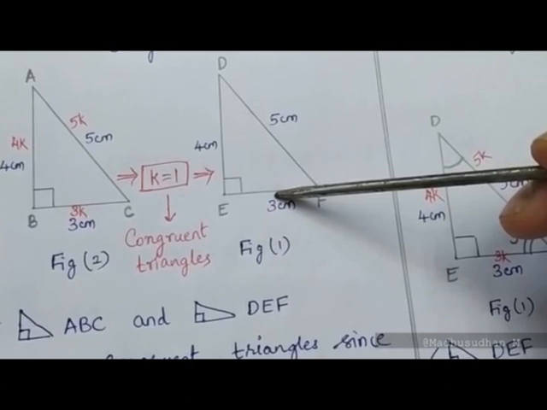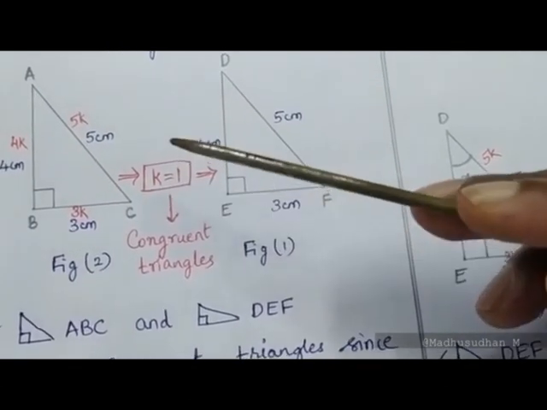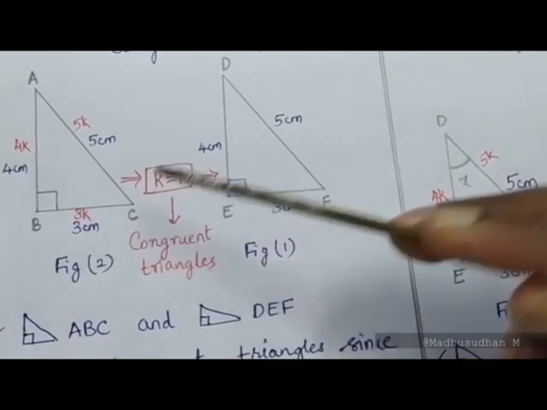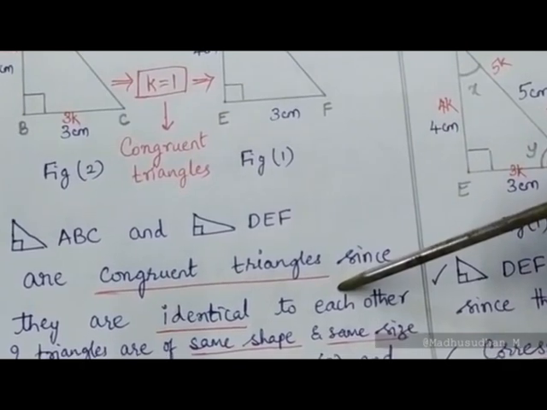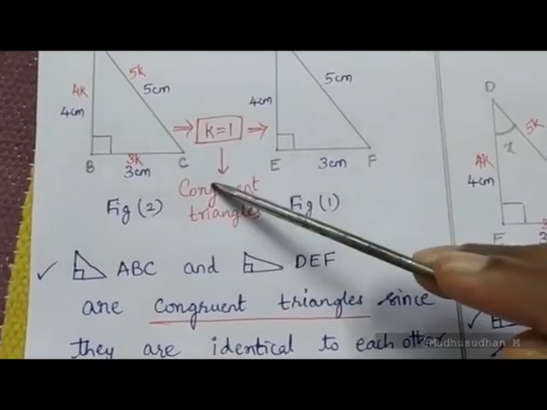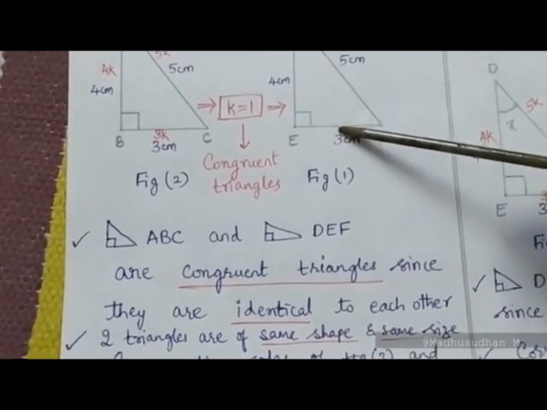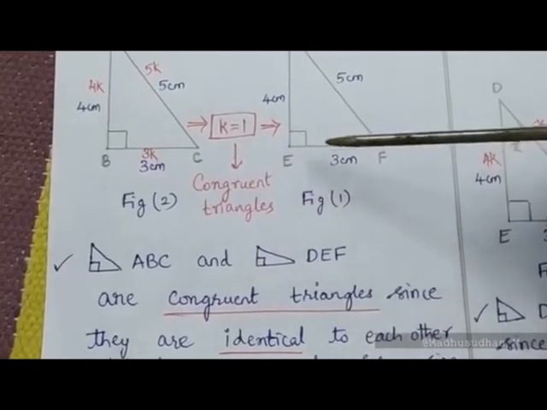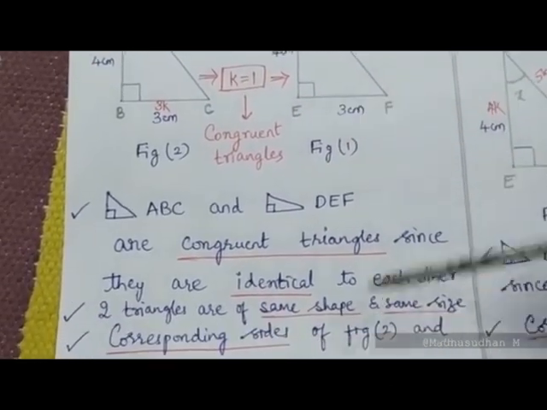I am stressing that whenever k is exactly equal to 1, these two triangles are called congruent triangles. They are identical to each other, of the same shape and the same size, and the corresponding sides of figure 2 and figure 1, which are congruent triangles, are always equal.